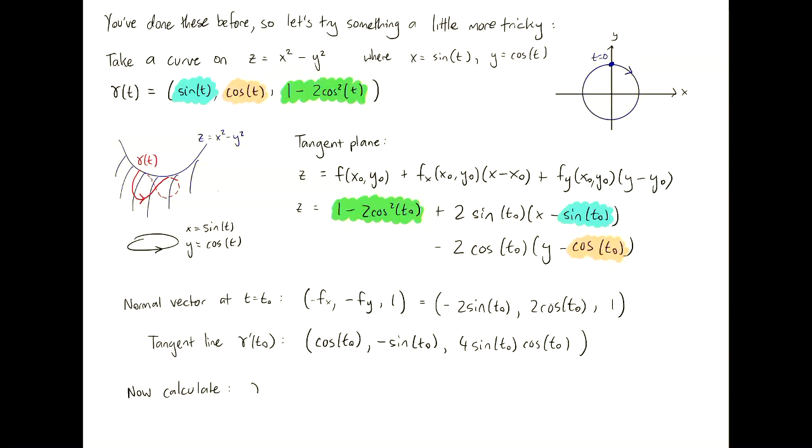So if we calculate this out, we get the tangent direction dotted with the normal direction at t naught is equal to 0. Good. Okay. So this actually suggests something a bit more fundamental and something that we're going to make use of, which is how we are really going to think about these tangent planes.